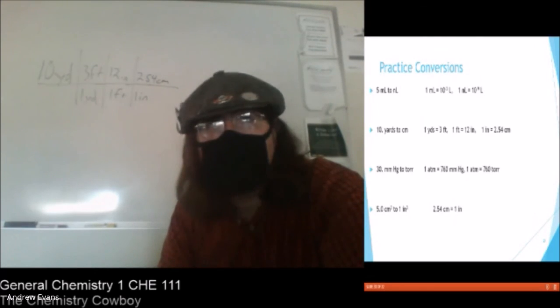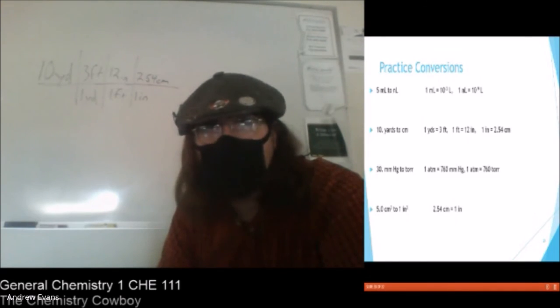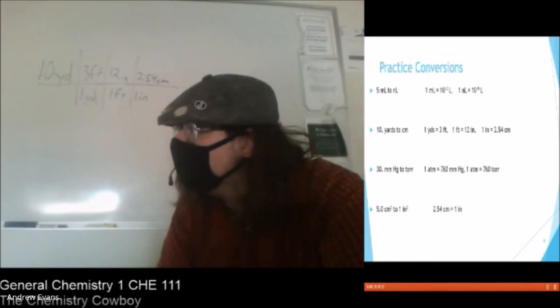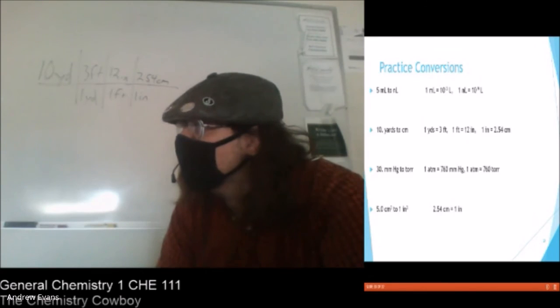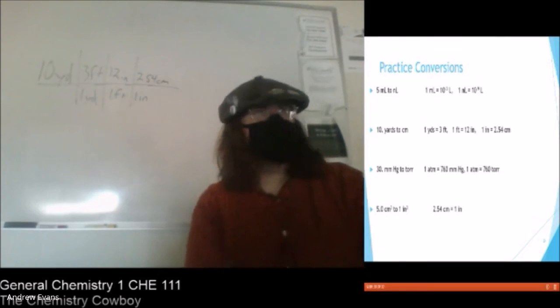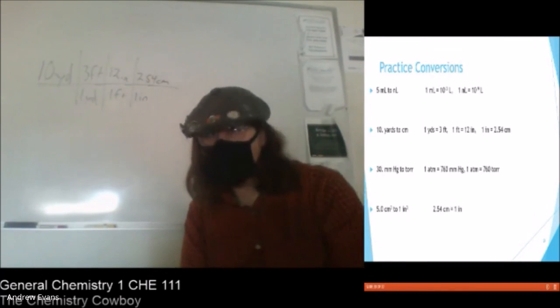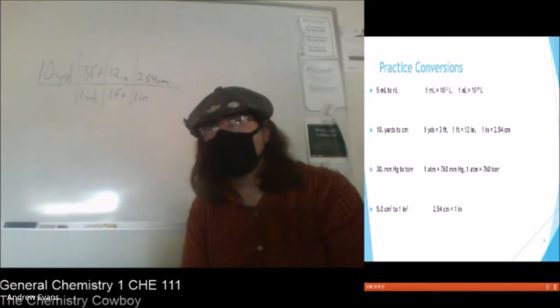Keep in mind, not everything's going to be so straightforward where I give you only the numbers you need. I may give you something extra that you may not need. Like I could say, how many centimeters are in 10 yards at 25 degrees?